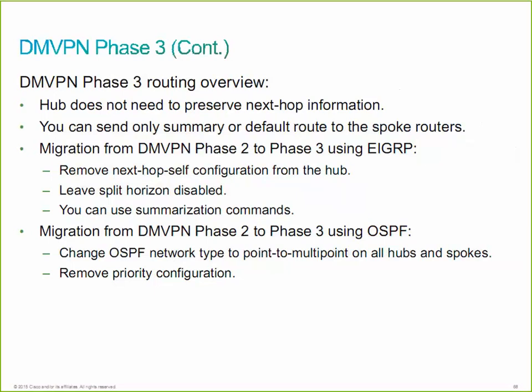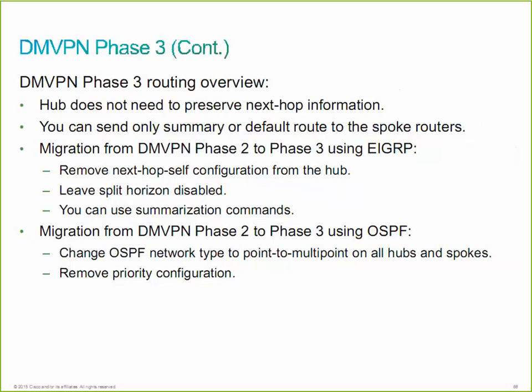Because the hub doesn't need to preserve that next hop information, we can use route summarization, we can use default routes, and like I said, that's going to really lessen the impact that we're going to see on our spoke routers. If I want to move from DMVPN Phase 2, which most of you guys are probably using, to DMVPN Phase 3, we probably want to use EIGRP as a routing protocol.